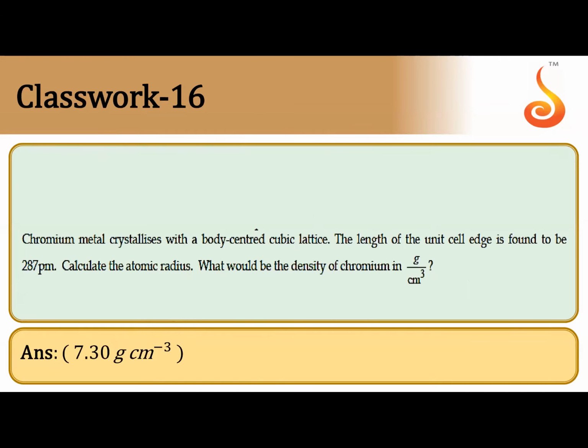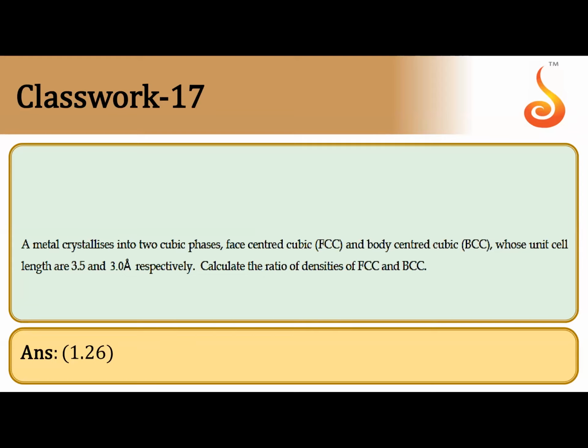Question number 17. A metal crystallizes into two cubic phases, FCC and BCC. So that means the atomic mass will be the same. Same metal, same atomic mass.